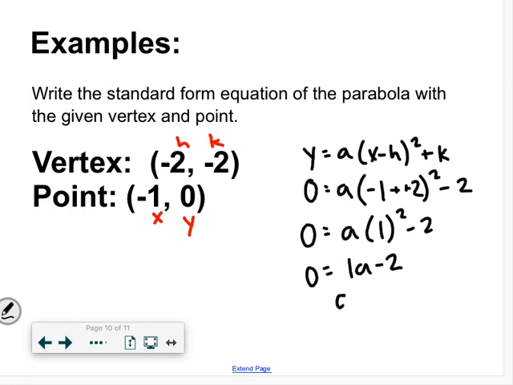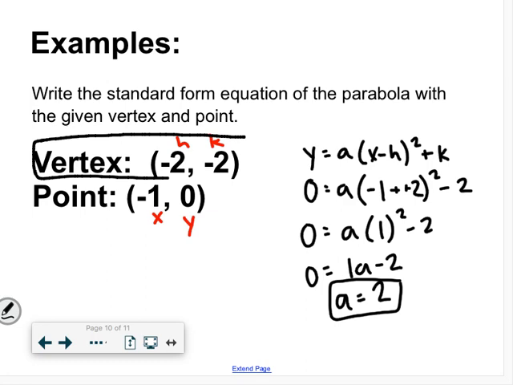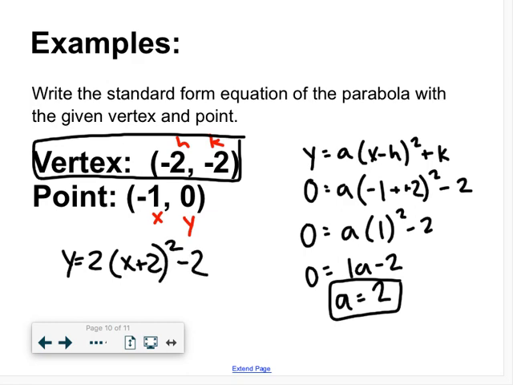And then add 2 to both sides. A is 2. And so you can take this a with your h and k and write the equation. Y equals 2 times x plus 2 quantity squared minus 2. I'll leave that up while I'm passing back the test in case you want to copy that down into your notebook right now.